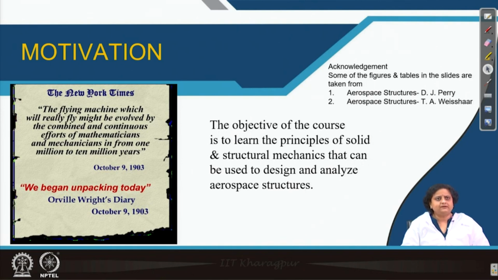One person, Samuel Langley, is one of the pioneers of aircraft structure, and he put a lot of effort into designing aircraft. The Wright brothers and his other successors learnt a lot from the work done by Samuel Langley.